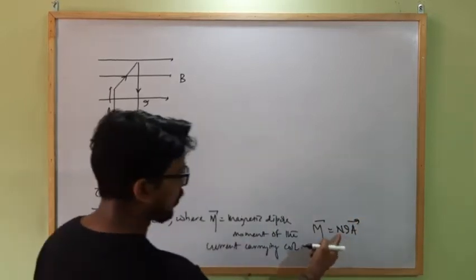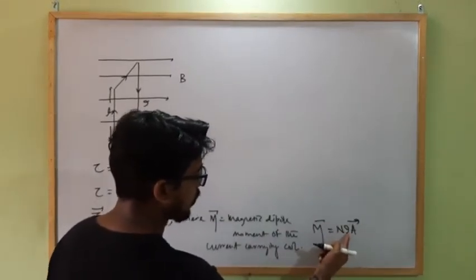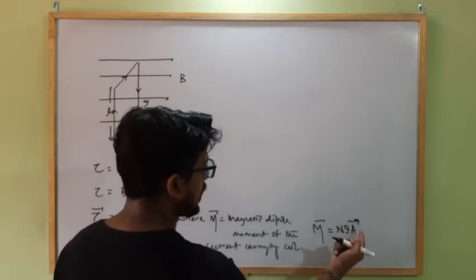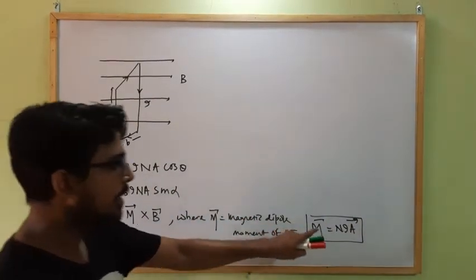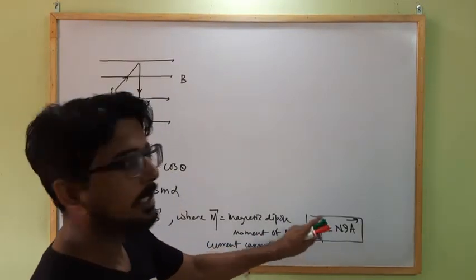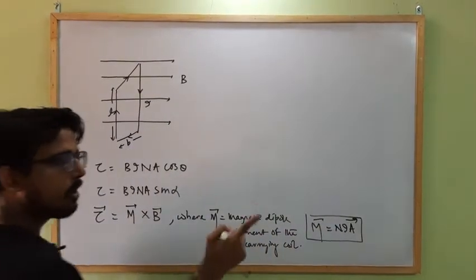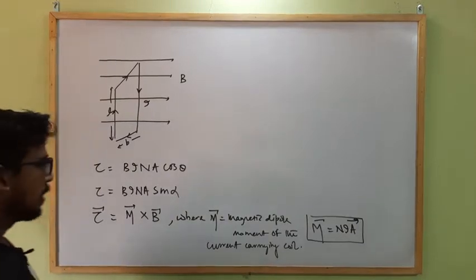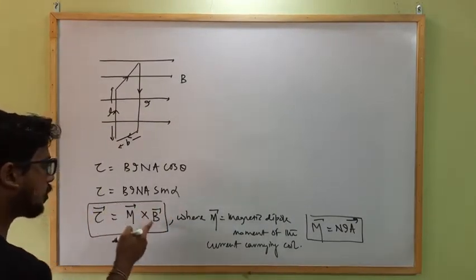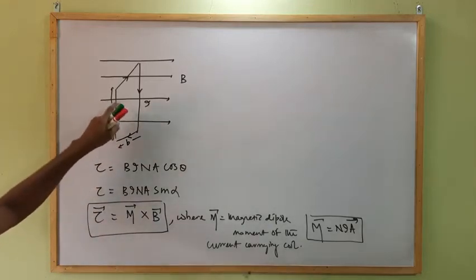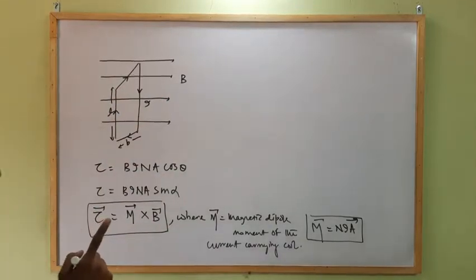What is N? Number of turns of the coil. I is the current flowing through the coil, and A vector is the area vector. This gives us the magnetic dipole moment of a coil. We already discussed that a current carrying coil can act as a magnetic dipole having dipole moment this much. Clear? So this is the torque acting on a current carrying coil present in an external uniform magnetic field.